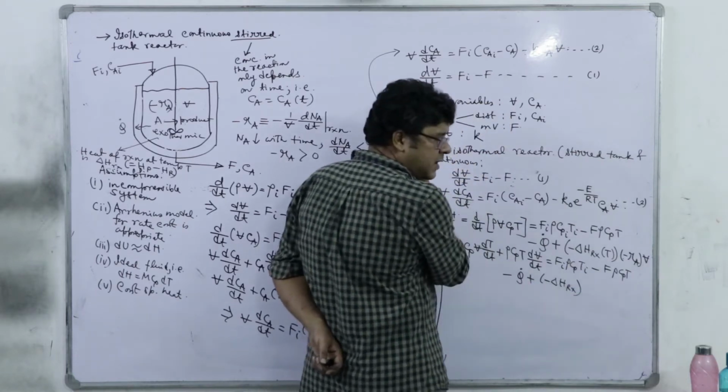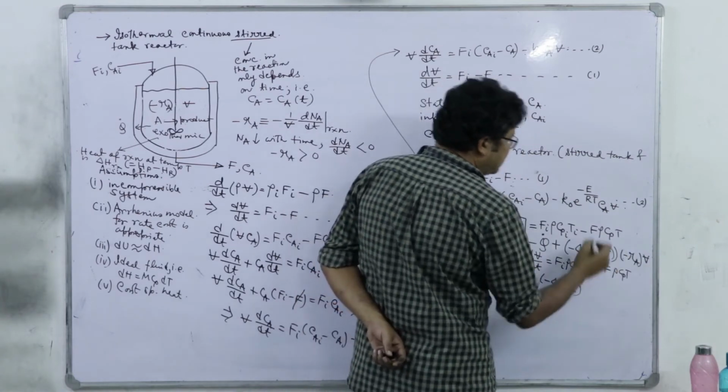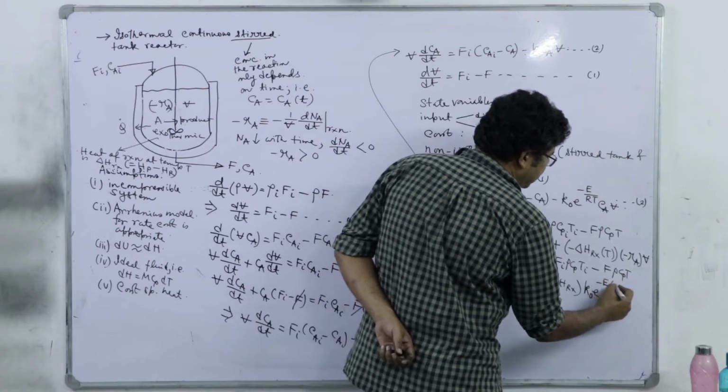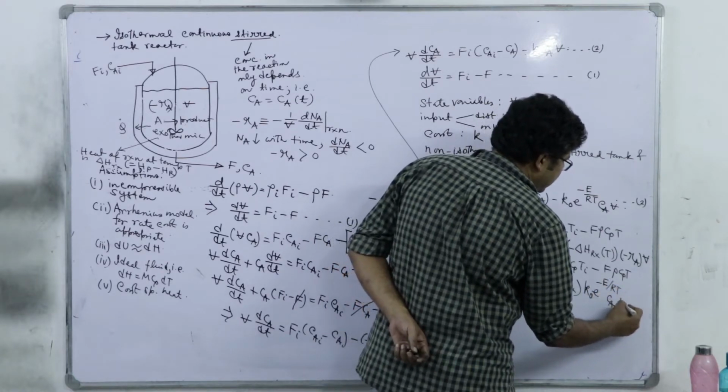It is a function of temperature, then minus Ra equal to K Ca, and K equal to K naught into e to the power minus E by RT, into Ca into V.